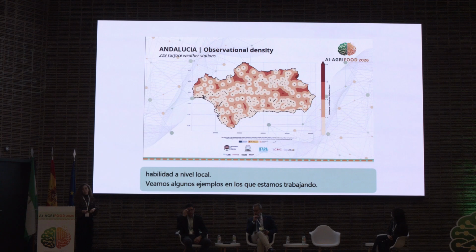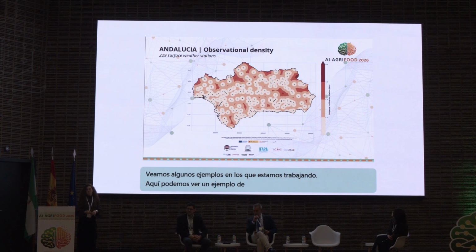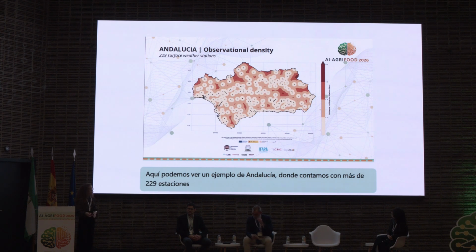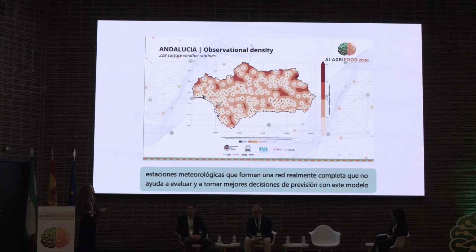Here we can see an example of Andalusia, where we have more than 229 weather stations. That is a really complete network that helps us to evaluate and have better forecast decisions with this global model. But still, as you can see, they are unequally distributed.